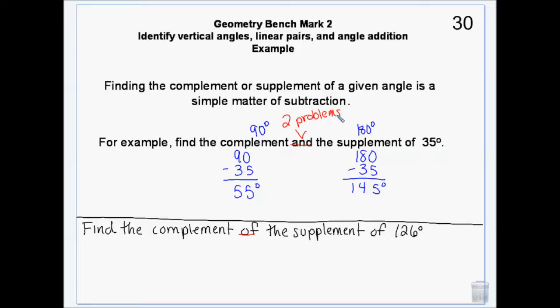The difference between these two problems, though, this word "of," this is one compound problem. Anytime you have complement of the supplement or supplement of the complement, it's a compound problem. So what I need to do is find this part first.